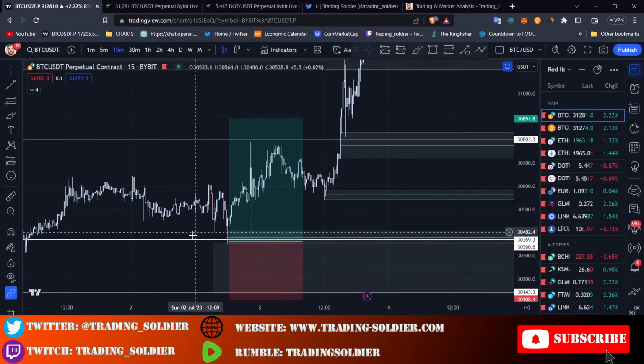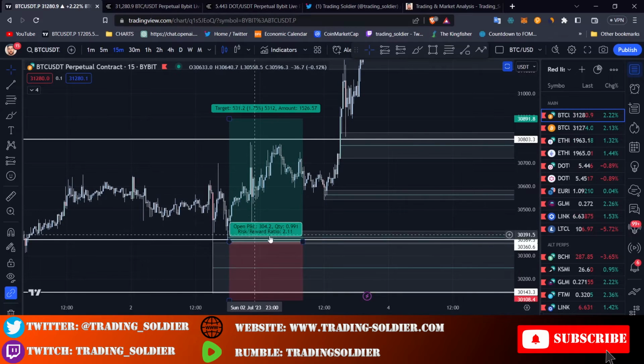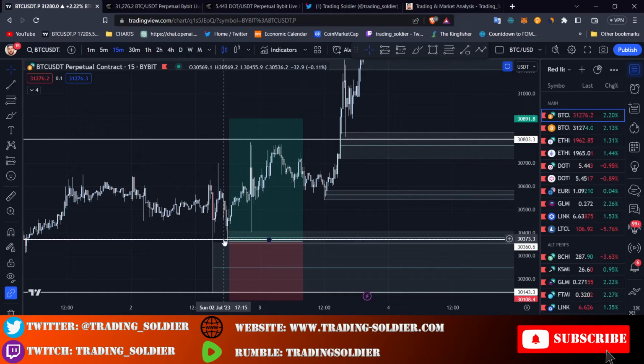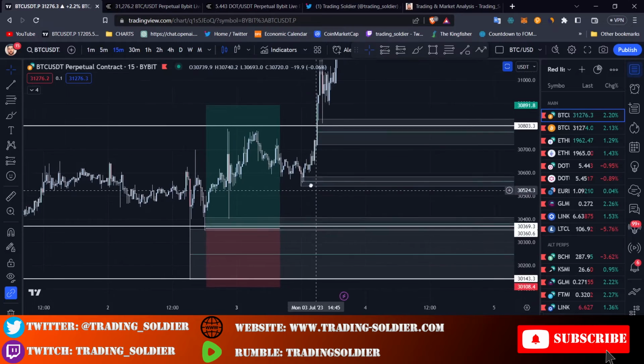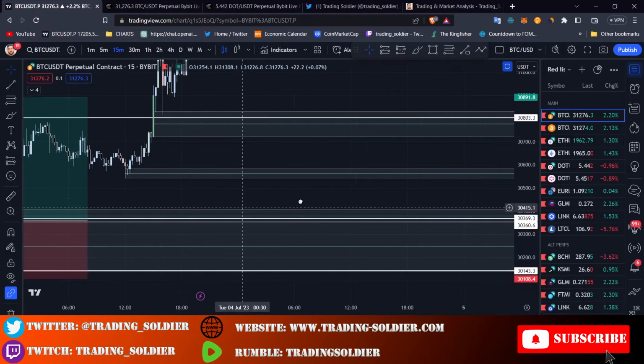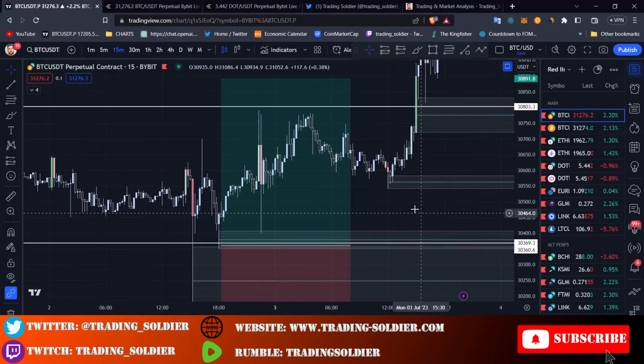As I said before, the bullish order block is a price level where the price action has a high probability of testing it and reversing. As you see here, the price action did exactly this right now.